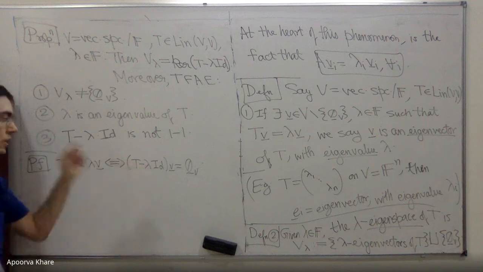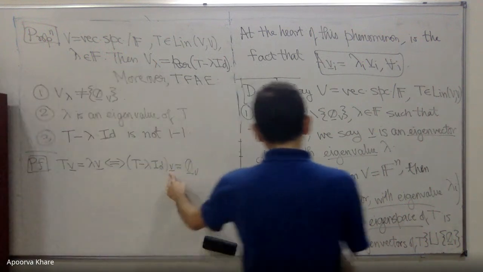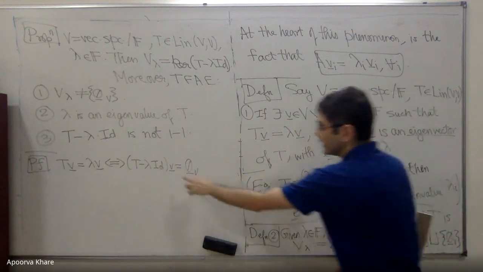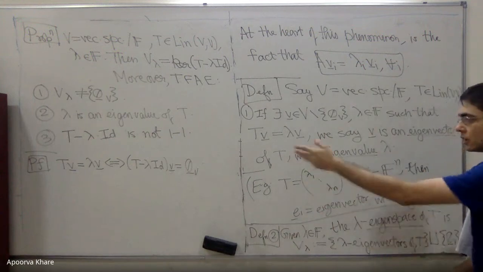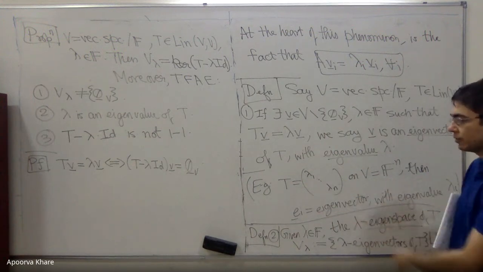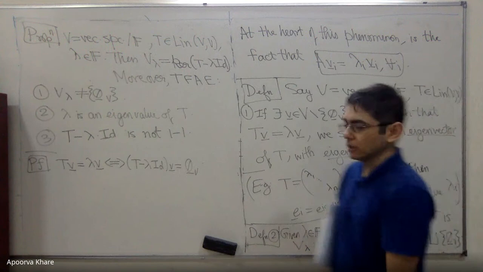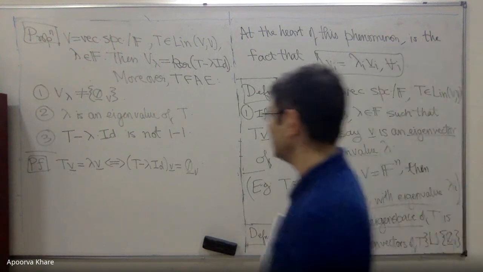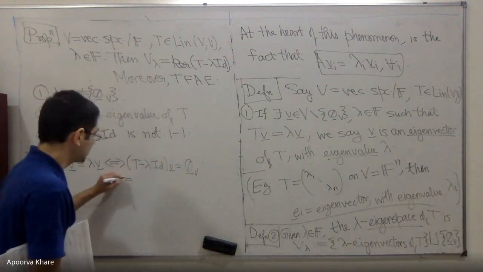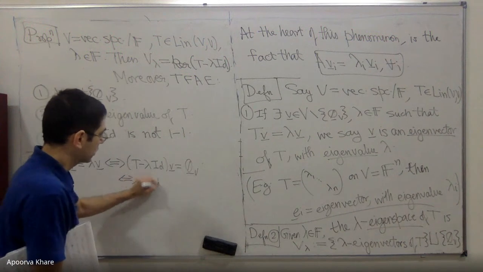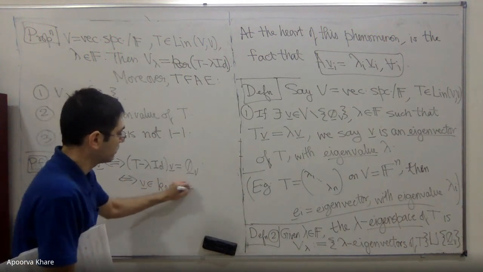That's just obvious. Now, the point is, if v is non-zero, these are called eigenvectors. If v is 0, then I'm including them. Therefore, that's exactly the same as the kernel. So all I'm saying is Tv equals lambda v if and only if v belongs to the kernel of T minus lambda identity.